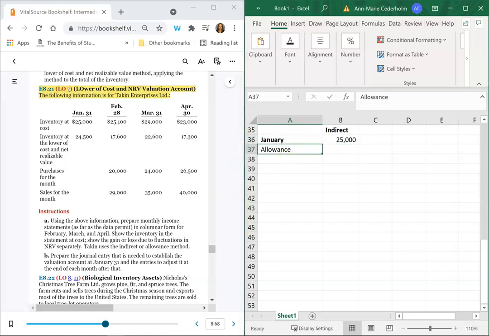So I have my ending inventory, then an allowance, and my adjusting journal entry, or I'll just say adjustment, and then my net ending inventory. I'll say inventory at lower of cost and net realizable value. Okay, so in January it was $25,000, and then you'll notice that the lower of cost and net realizable value is $24,500.